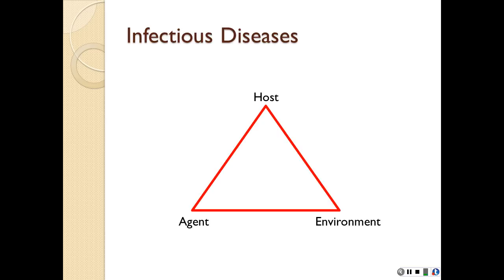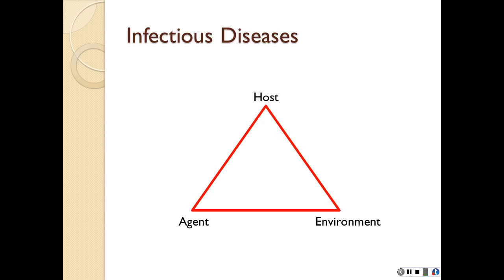So in infectious diseases, typically the agent alone is not enough to make you sick. Just being exposed to the cold virus doesn't necessarily mean that you're going to get the cold. The agent has to be housed in the right host, in the right environment. If you have the cold virus and it's near a cow, the cow is not the right host, so the cow is not going to get infected with the cold.